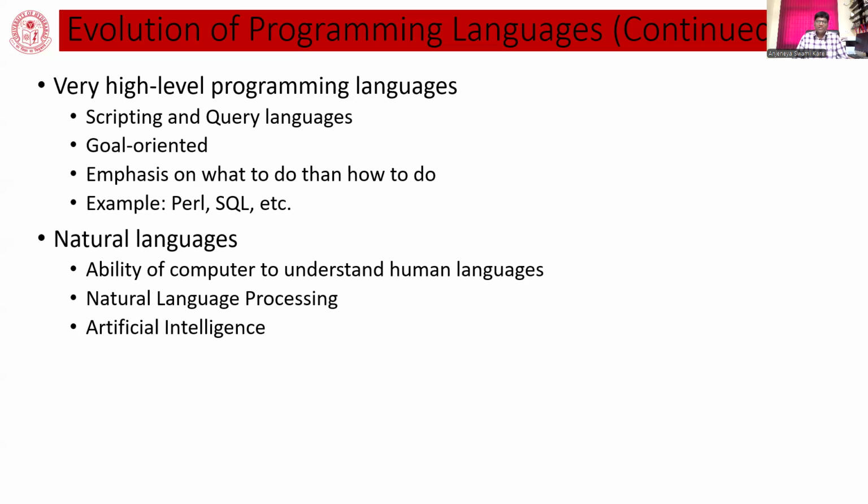Natural language and artificial intelligence is a growing area of research. We already have ChatGPT and others, which are artificial intelligence models. So this is a growing field of research.